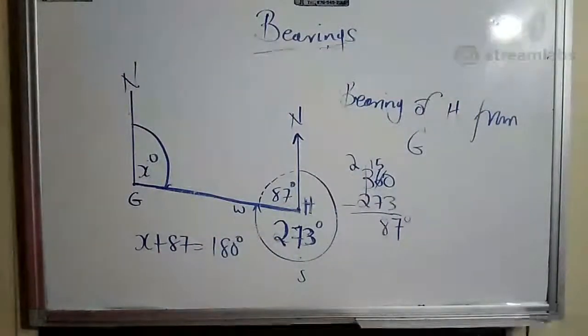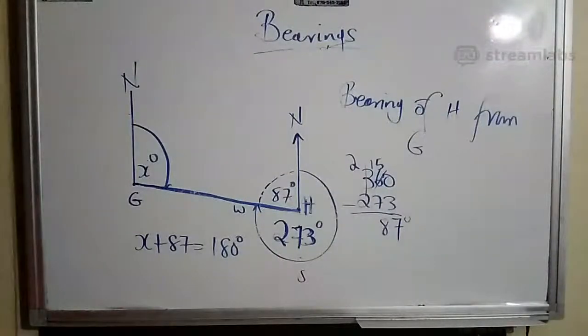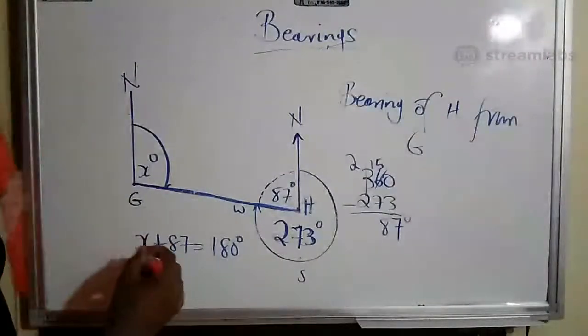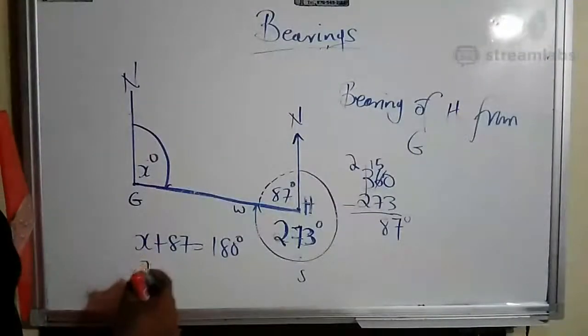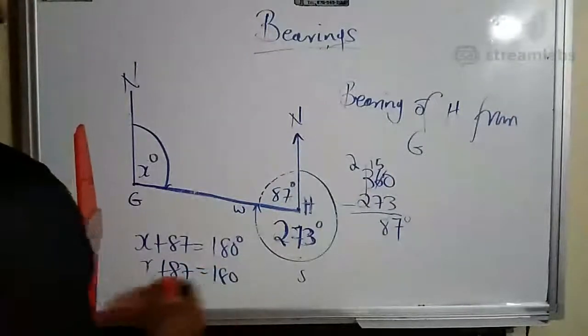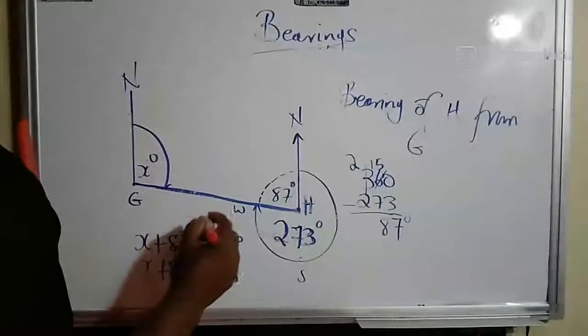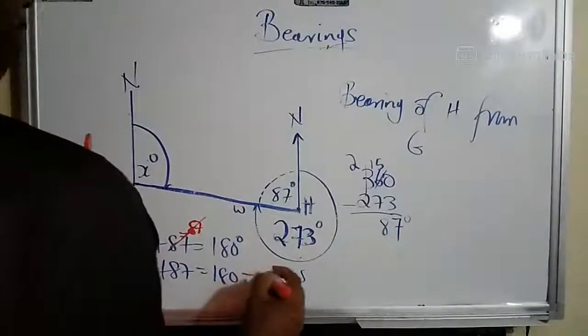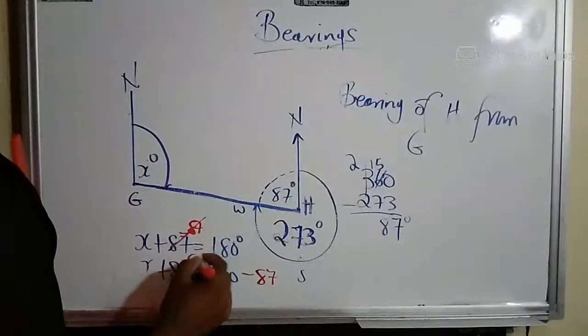We can subtract 87 from this side. So it's x plus 87 is equal to 180. What do we do? We subtract. The inverse of plus 87 is minus 87. What we do to one side, we do to both sides.